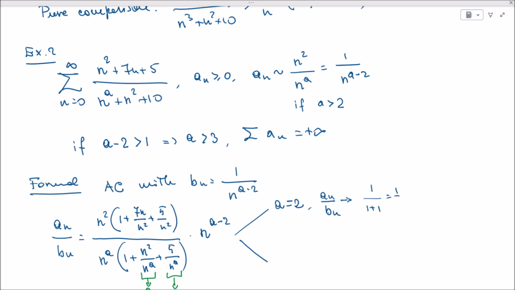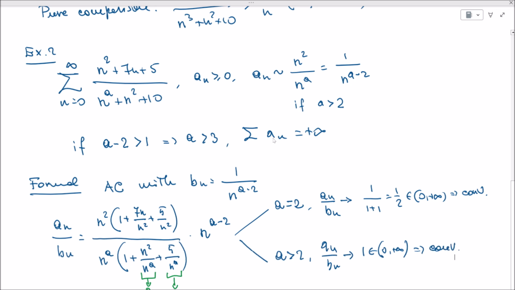So this will be 1/2 that belongs to the interval 0 plus infinity. So this is enough to conclude that there is convergence. If instead a is larger than 2, we see that an divided by bn will tend to 1, which again is a positive number. So we can conclude once again that there is convergence.